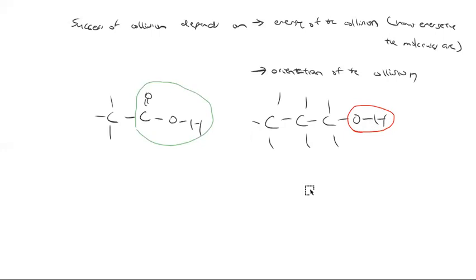But it's also the orientation. Like, how did they meet? Did they meet face to face? Or did they bump into each other back to back? Well, they're not really going to see each other then. Which means that the success of the so-called interaction will be much lower compared to if they met face to face. All right, get the idea?